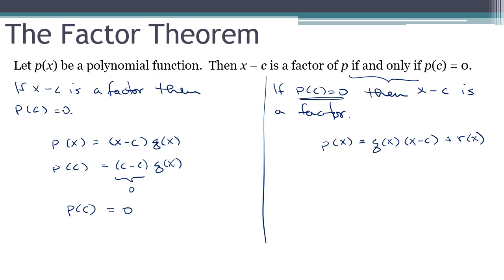The remainder theorem says that p of c is the remainder when you divide by x minus c. But I know that p of c is equal to 0. Well, that means that the remainder is 0. So if I put 0 in here for the remainder, this becomes p of x equals q of x times x minus c, which means x minus c is a factor. And that's what I was looking to show.